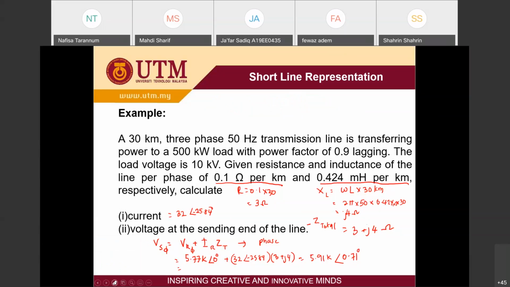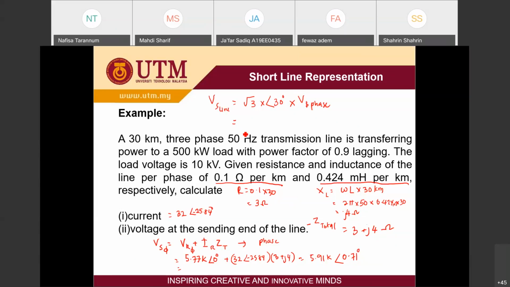After you have obtained your VS phase, your VS line is just square root 3 with an angle of 30 degrees, multiplied with your VS phase.